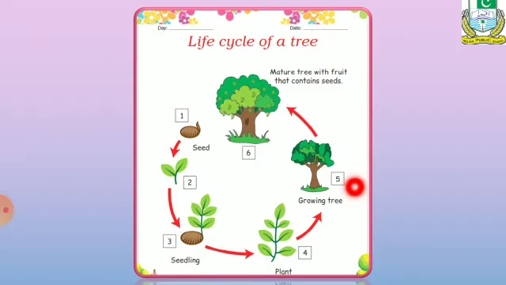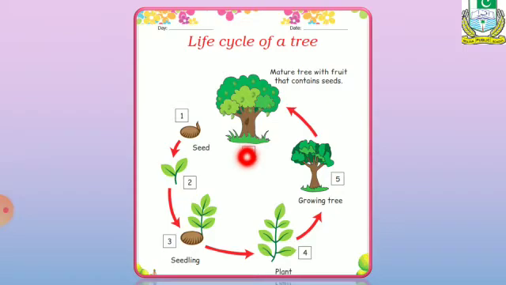What is step 5 of life cycle of a tree? Growing tree. The tree is growing and still growing. And then what happens when the tree keeps on growing and growing? Let's move forward and see. Now here we are on step number 6. And what do we see on step number 6?